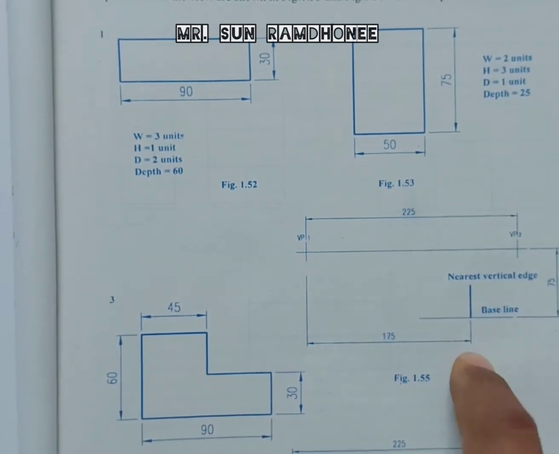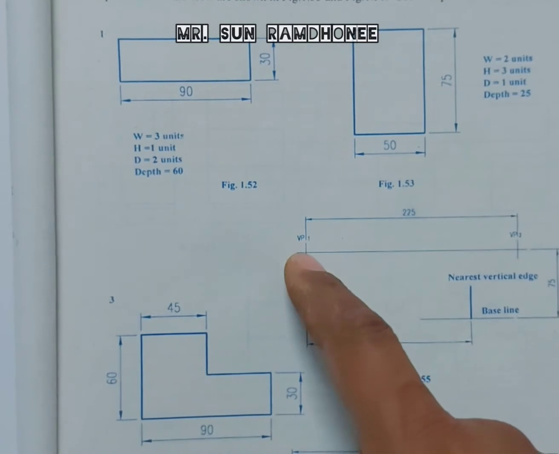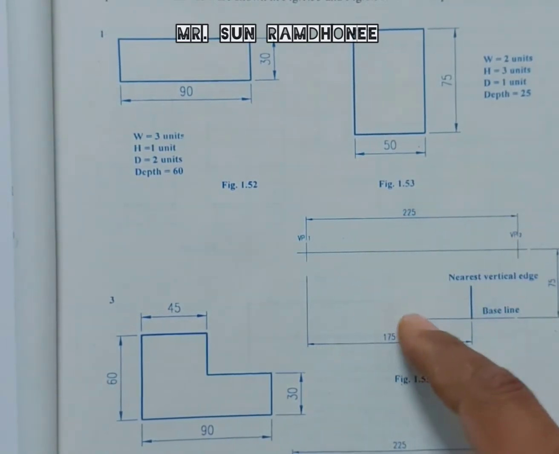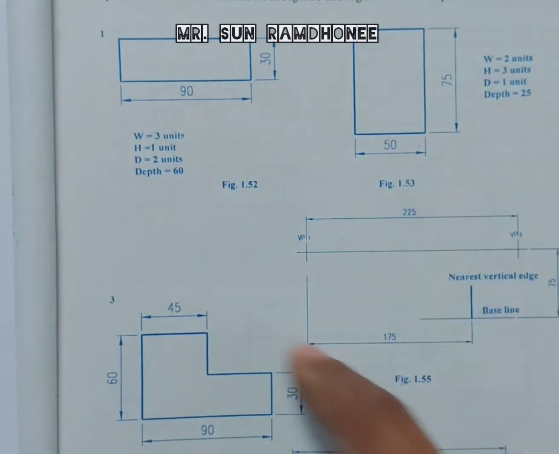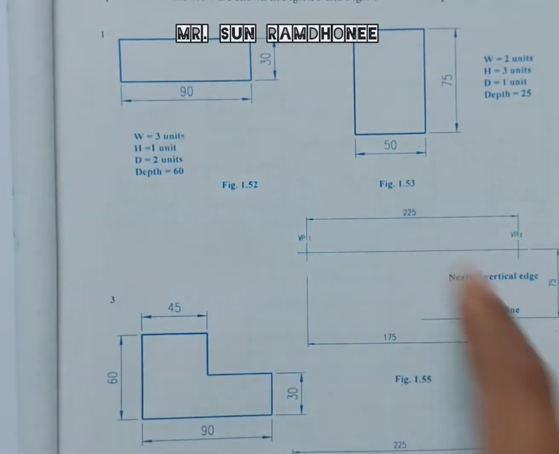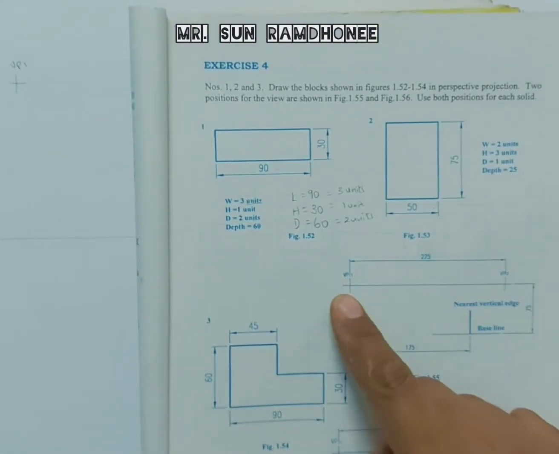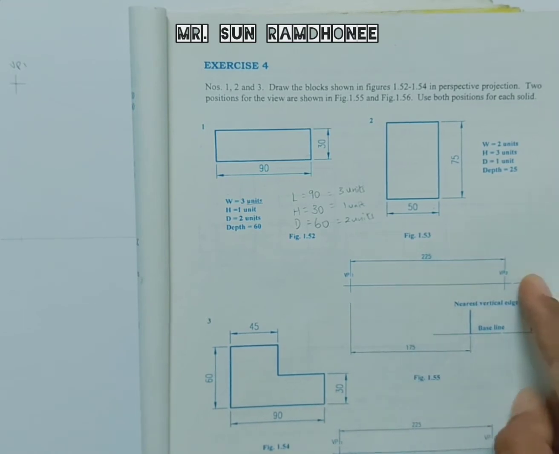using these positions. So first of all, we are going to draw the vanishing point 1 and vanishing point 2, and also locate the baseline, and we are going to draw our first example in this one. Vanishing points have been given, and the distance between these two vanishing points is 225.